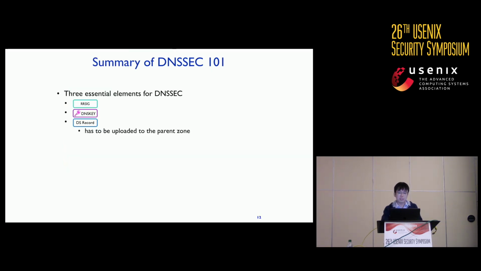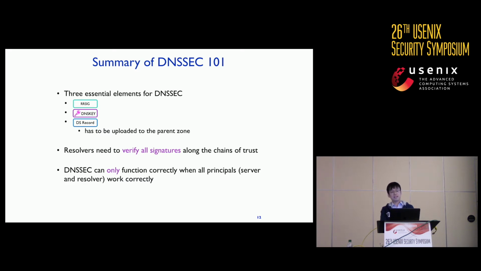Here's a summary. There are three essential elements in DNSSEC: signatures, DNS key, and the DS record. One of the characteristics of a DS record, as I said before, is that it has to be uploaded to the parent zone. This is important. Also, resolvers need to verify all the signatures along the chain of trust.